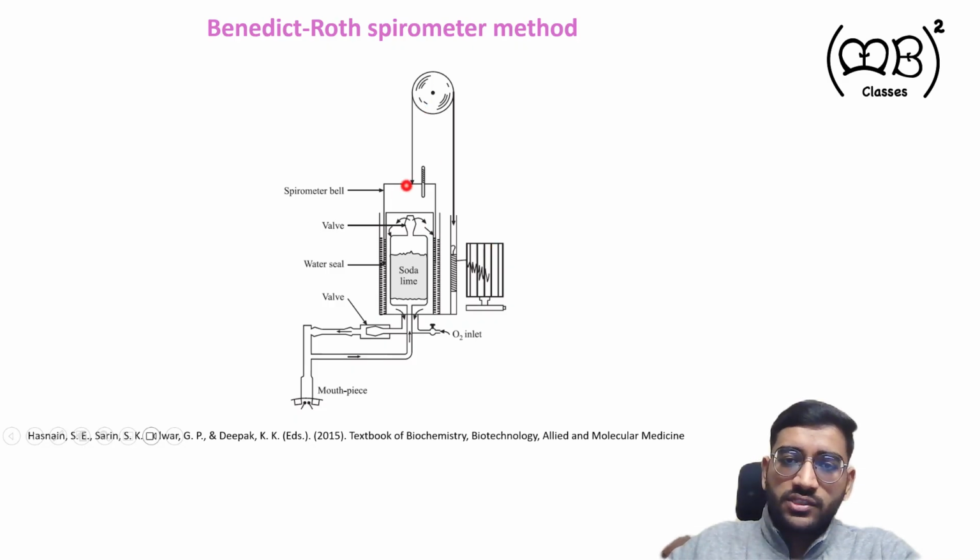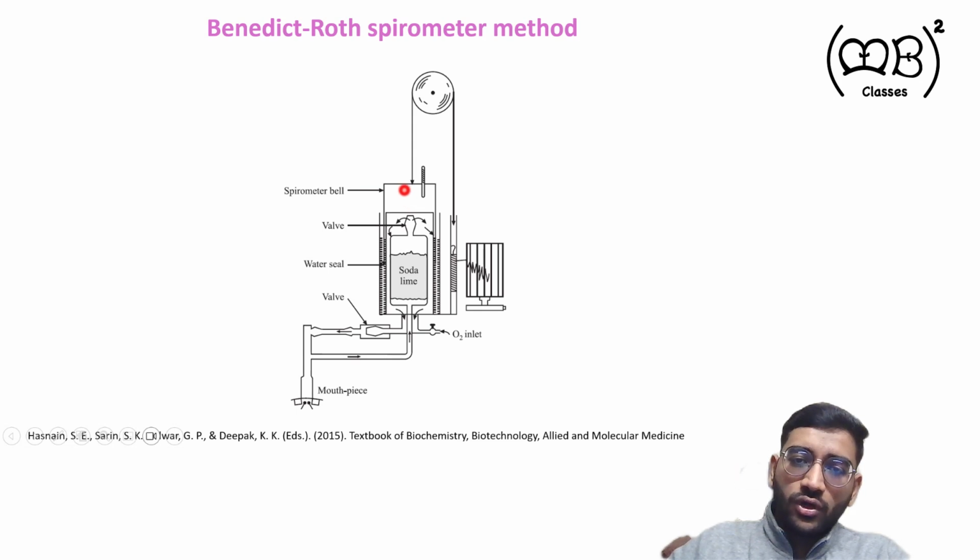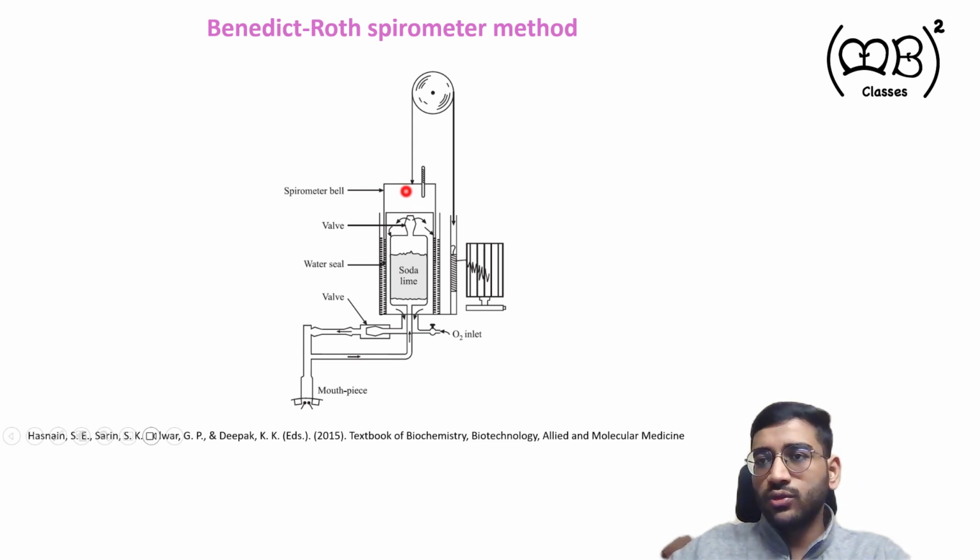So we are filling the inner cylinder with 100% oxygen. This would cause the bell to float on the water, and as soon as the oxygen is being consumed, it would cause lesser volume because it's a closed circuit. We are not opening this to atmospheric air.